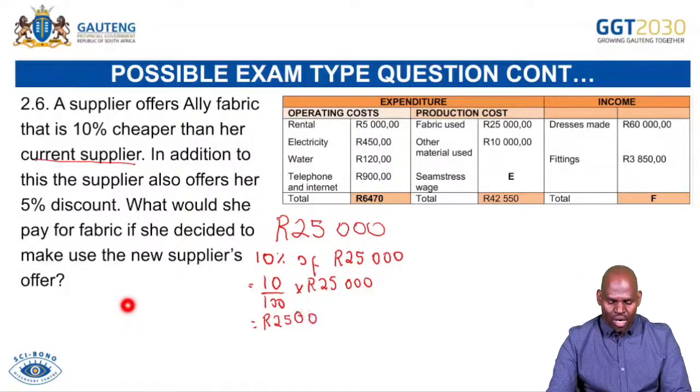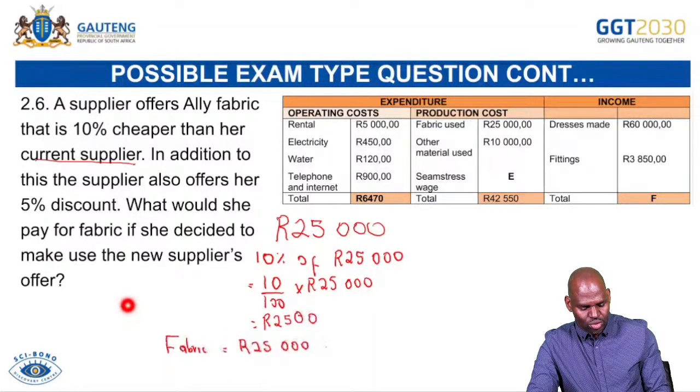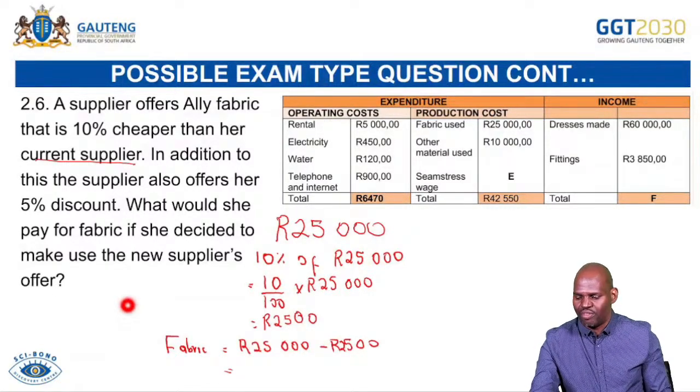So the fabric cost will be 25,000 minus 2,500. Okay, so this will give us 22,500.